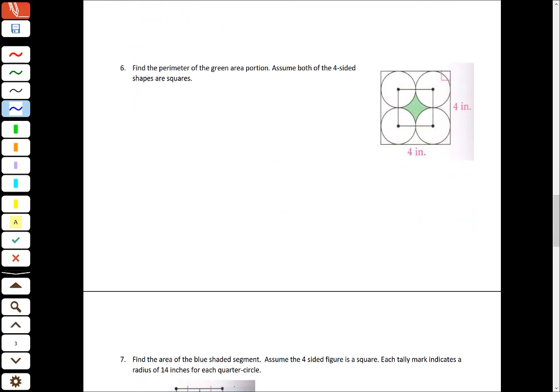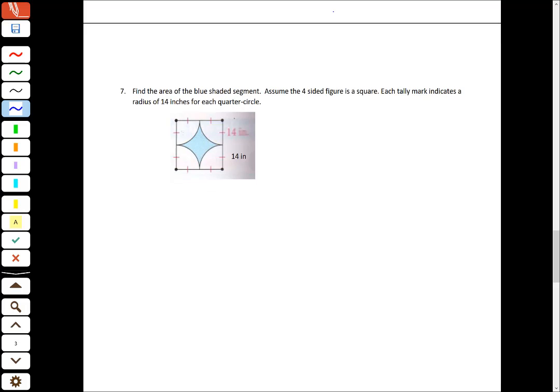Okay. Find the perimeter of the green portion. So you're finding the perimeter, right here, of this. And you're given the length of this: the side of this square is 4 inches by 4 inches. Then you need to figure out what these other measurements are. I'll let y'all work on that.